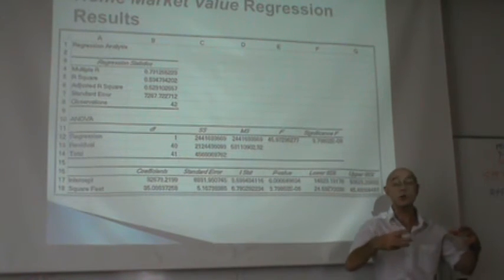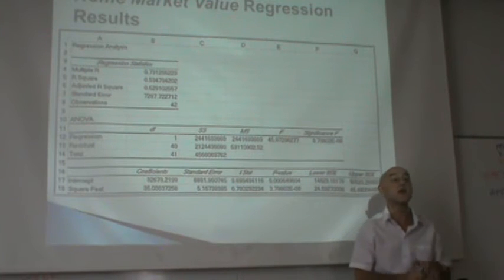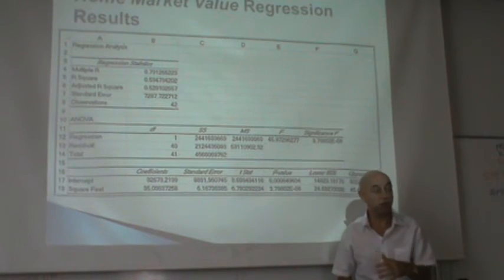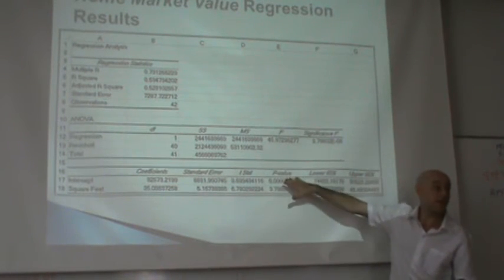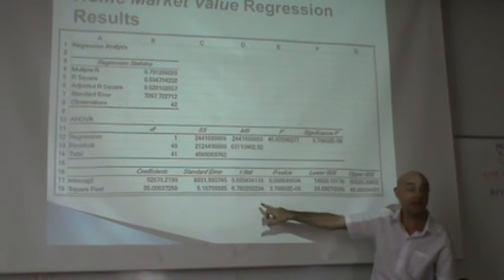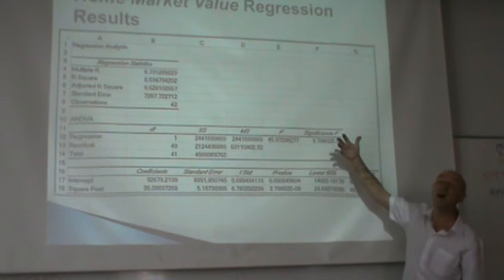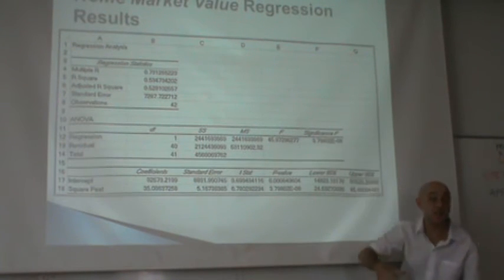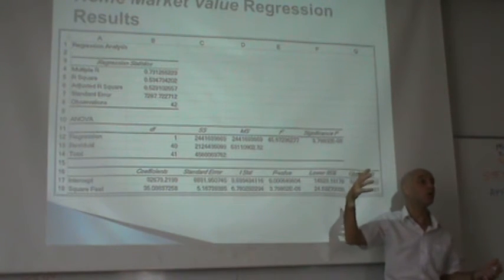But when the model becomes a multiple model, maybe 2, 3, 5, 10, or 15, then if you have 10 independent variables, each independent variable will have a t-statistic, and then again an overall F-statistic for the whole model.